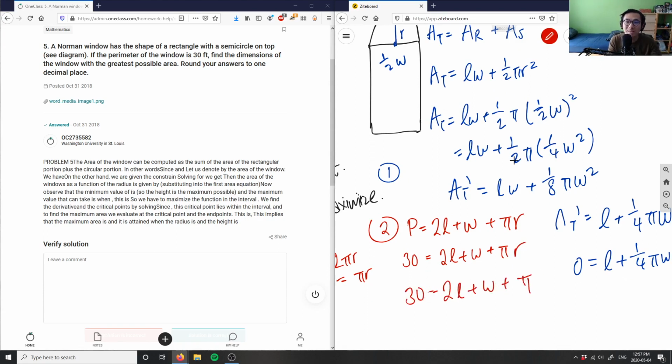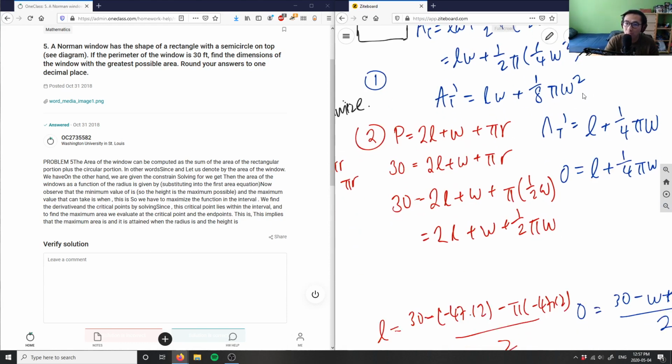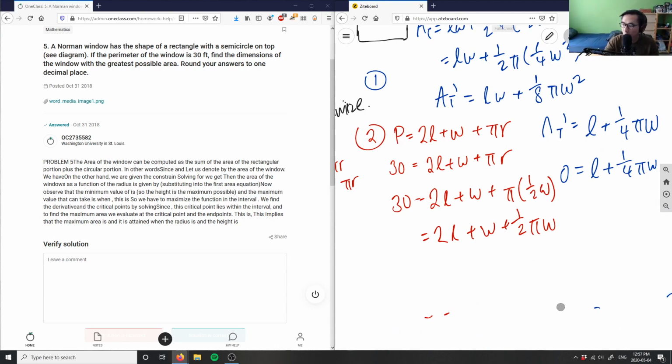And we know that the radius now is actually half of w, right? So half of w here. So I can say that 2 length plus w plus half pi w here. And then this here now equals 30. So let me erase these guys here.